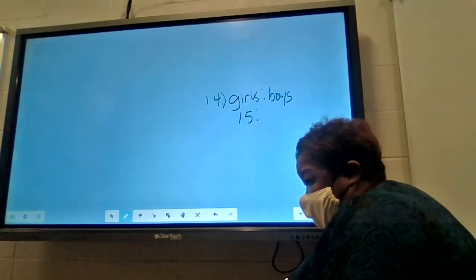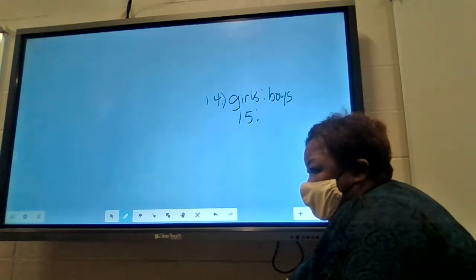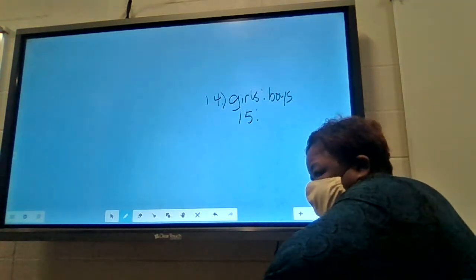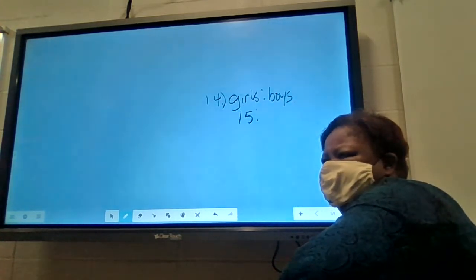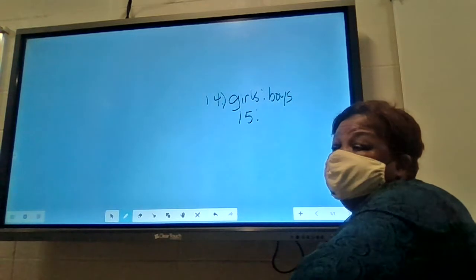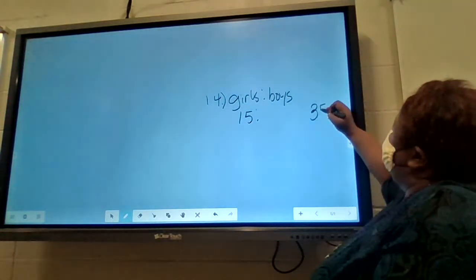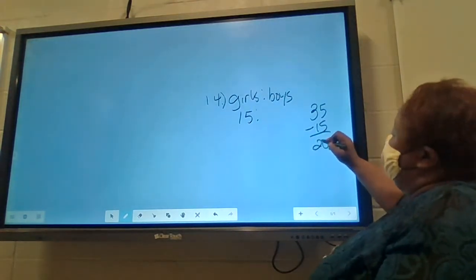No, there's 35 students. You have to find out how many boys are in the class. So how will we do that? We would subtract, right? So 35 total students minus the 15 girls would give me 20 boys.